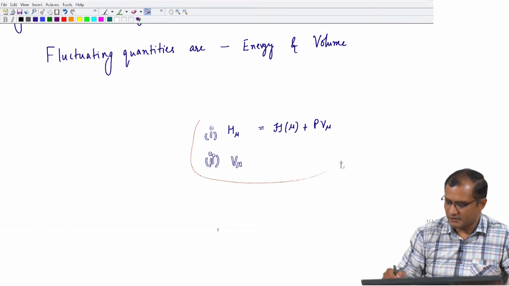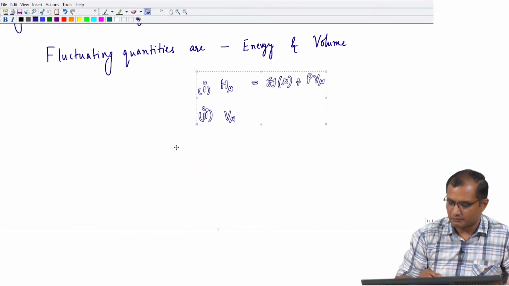Okay. So, we have calculated the average of the enthalpy and the average of the volume.